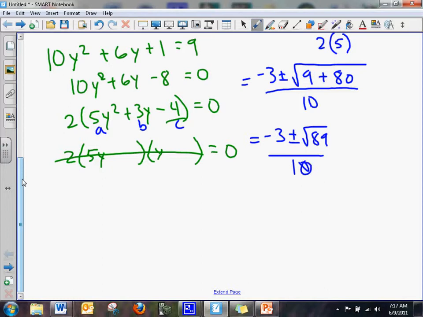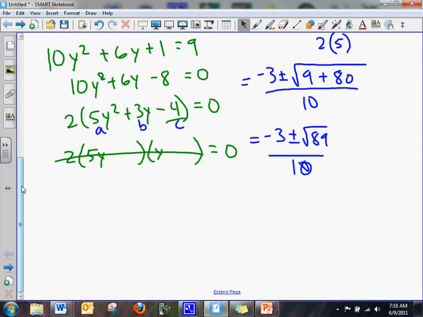Square root of 89. 89, I believe, is a prime number. We cannot simplify that radical. All right, this is what we've got here. Let's see here real quickly, just to get some decimal approximations of what that answer is. Negative 3 plus the square root of 89 divided by 10.